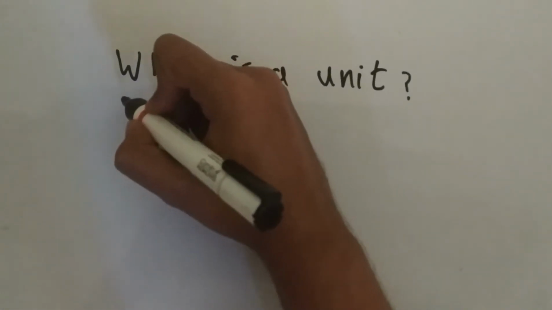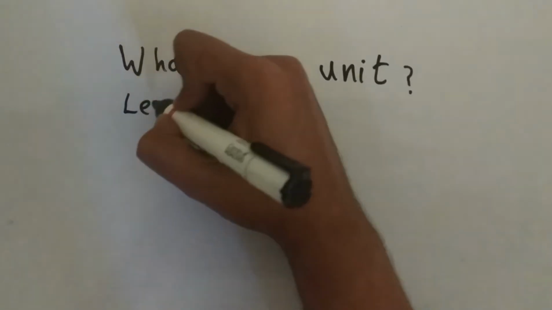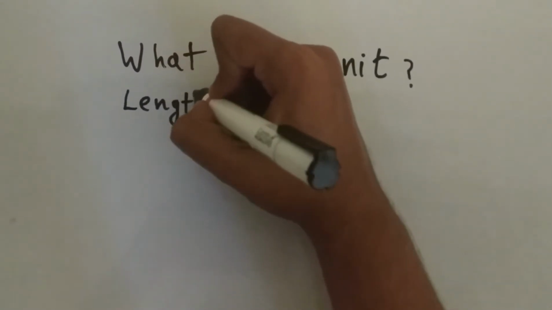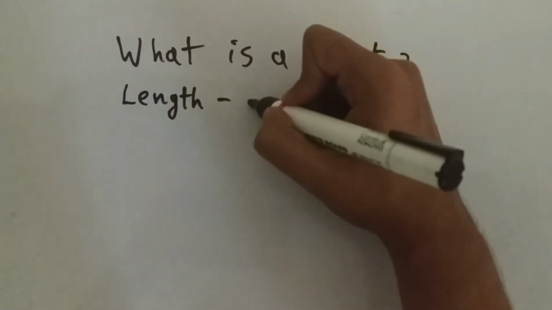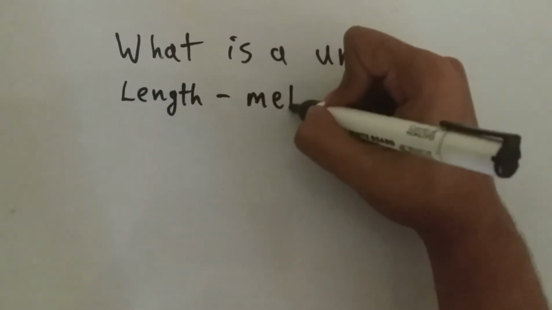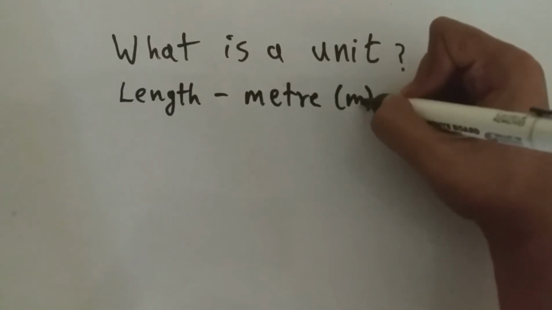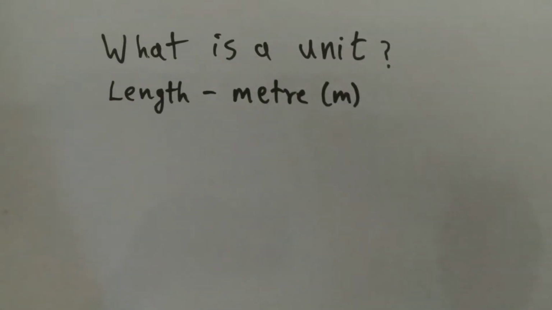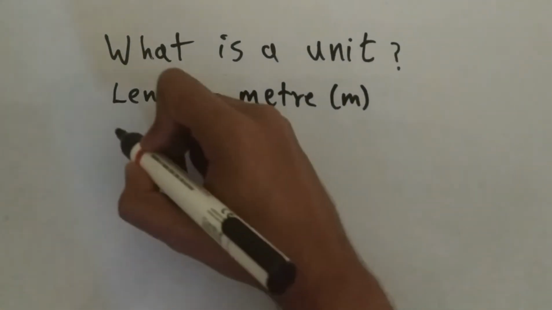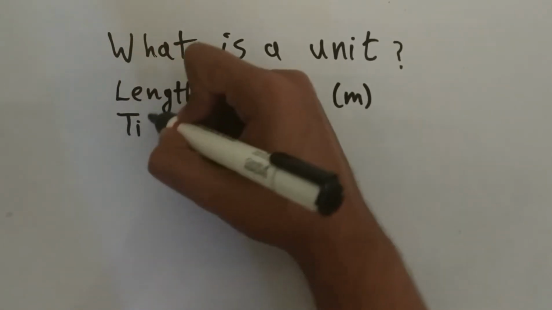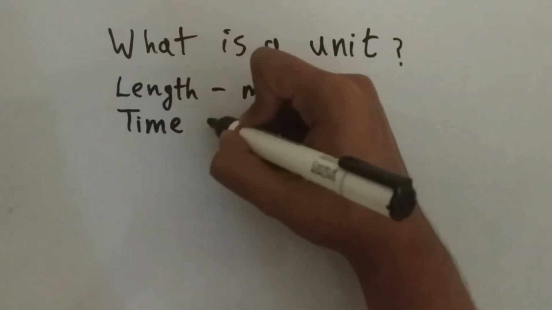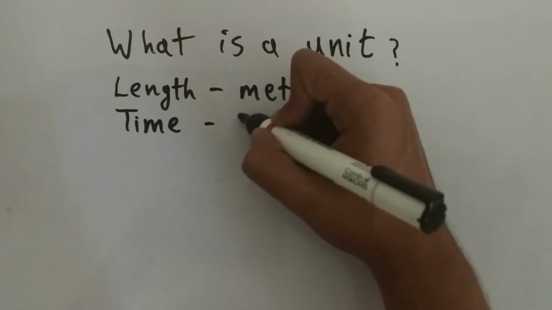The first unit is length. The SI unit of length is meter. It's represented by small m. The next one is time. Its SI unit is seconds.